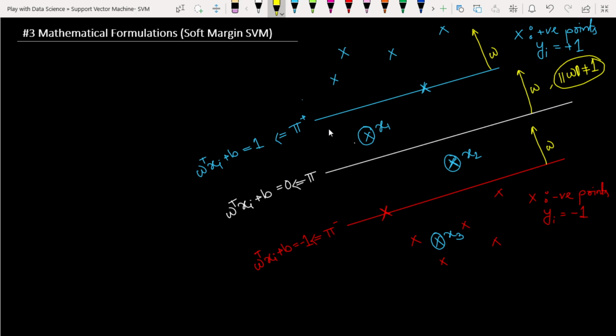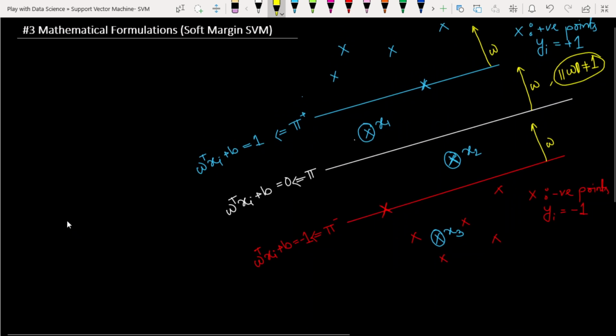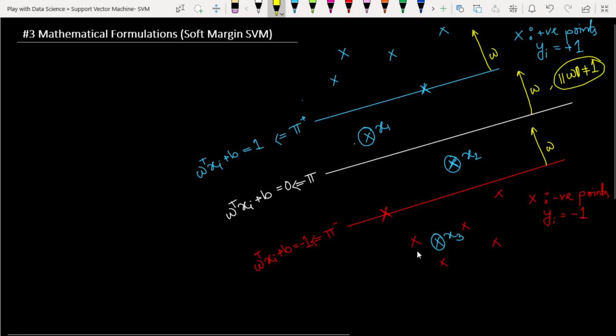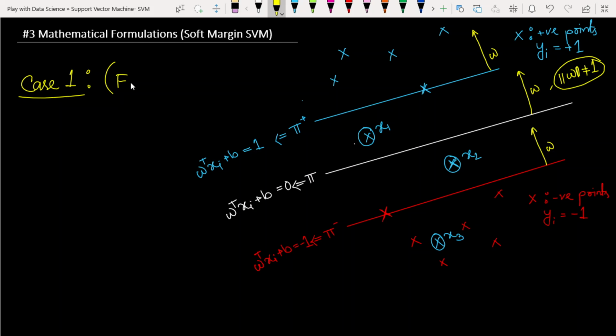I am discussing these three points as case 1, case 2 and case 3. Case 1: I am considering the x1 point.